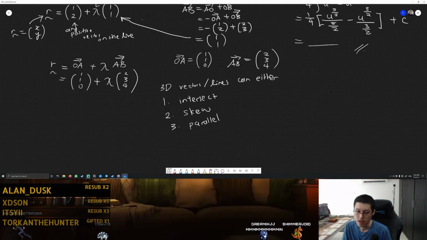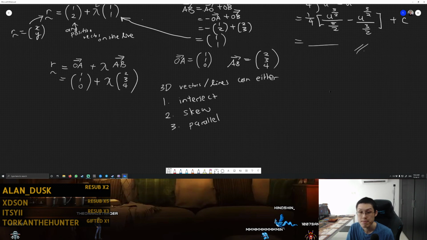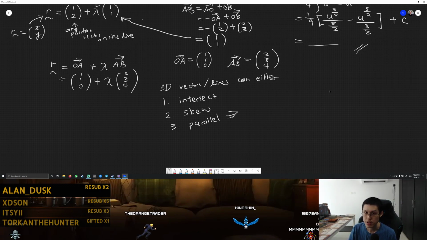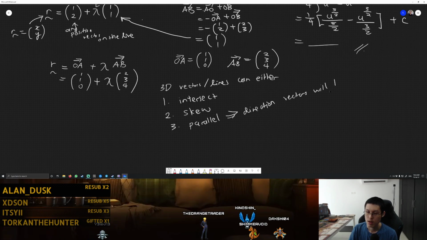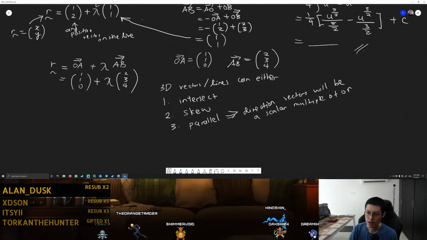So how do you check if two lines are parallel? Well, if they are parallel, then the direction vectors will be a scalar multiple of one another.